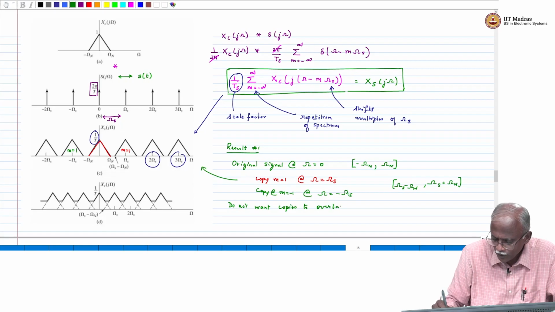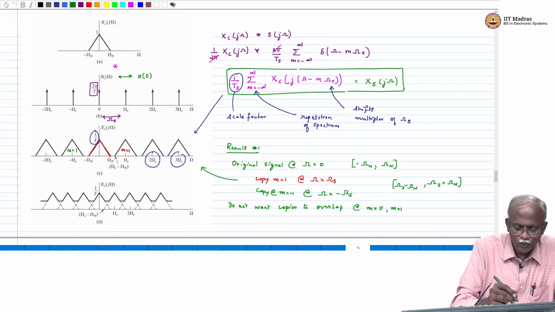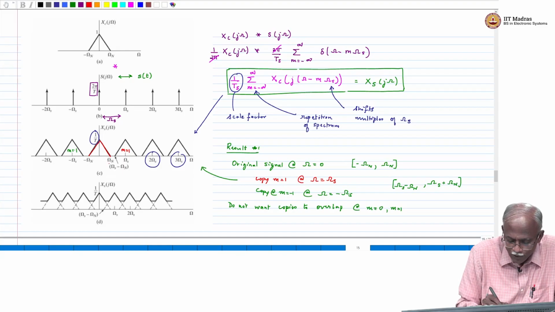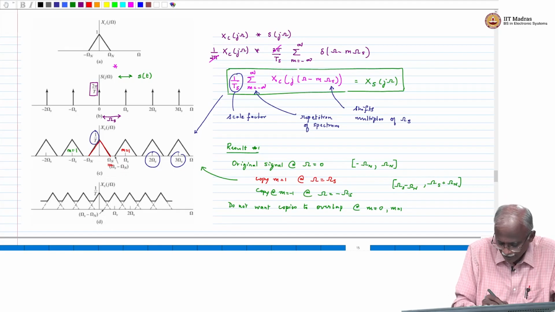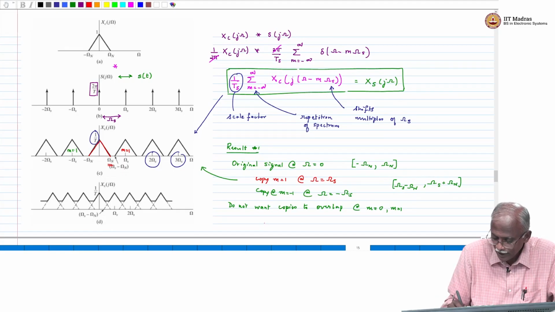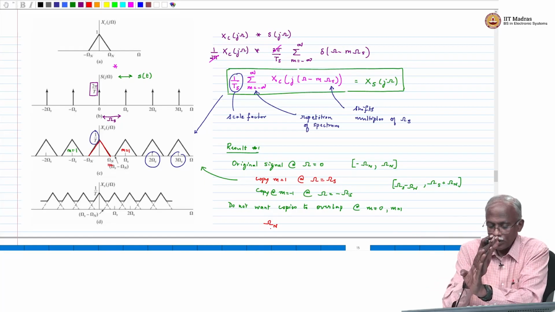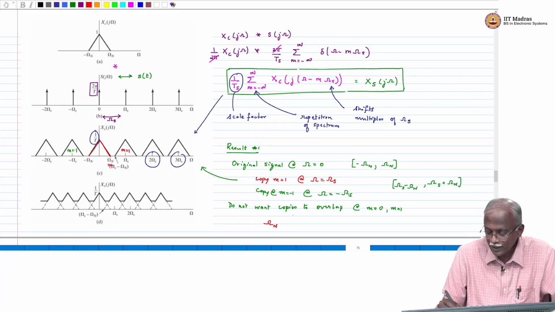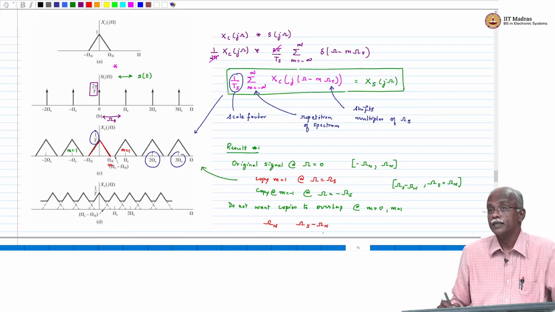If you take it only for the first one, between m equal to 0 and m equal to 1, what will that condition be? The highest frequency component for the center copy, m equal to 0, is omega n, and the lowest frequency component of m equal to 1 is omega s minus omega n, correct?